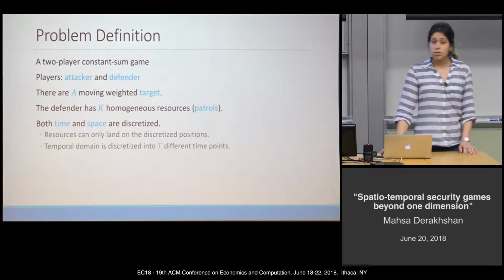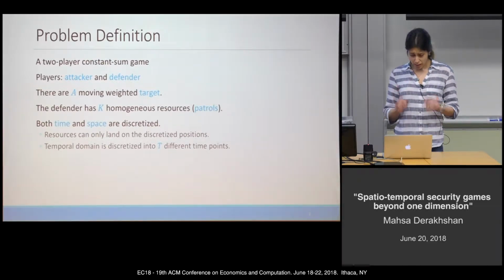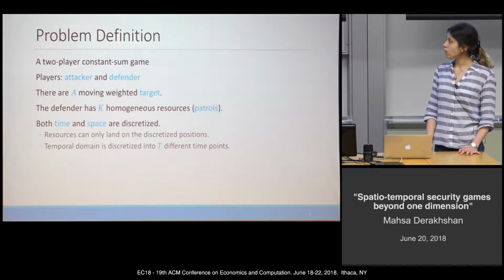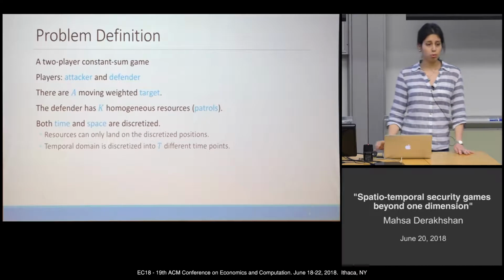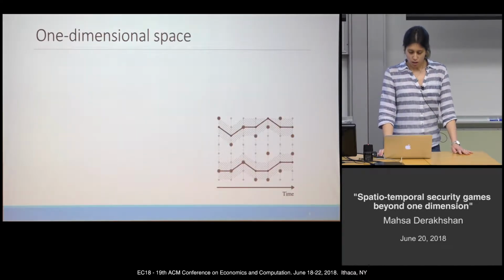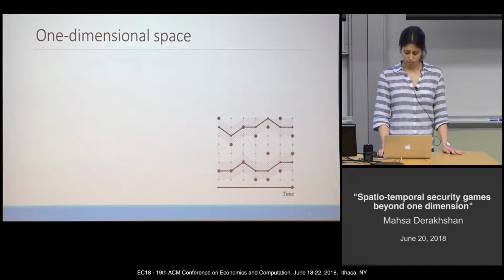We assume that both time and space are discretized, which means that resources can only land on discretized positions, and time is also discretized into t different time points. I will first explain the one-dimensional case, and then talk about how we generalize it.